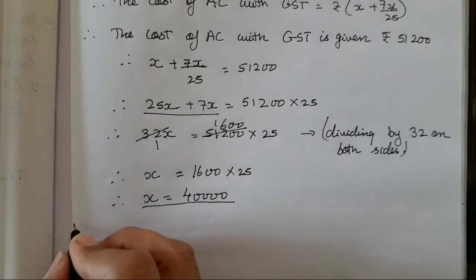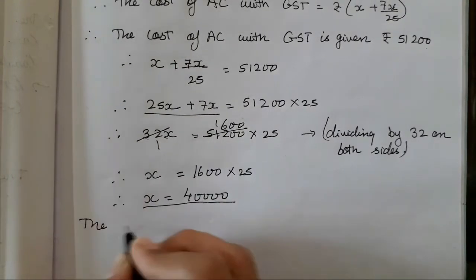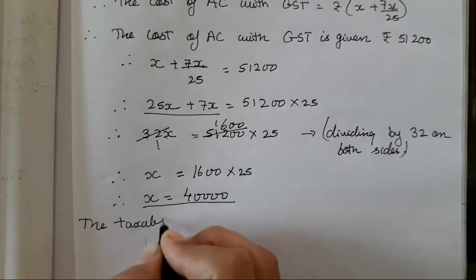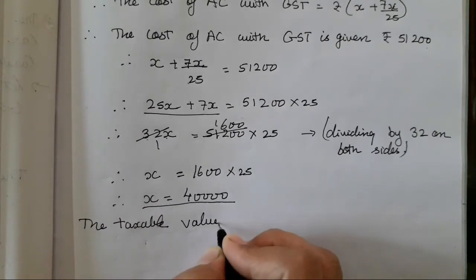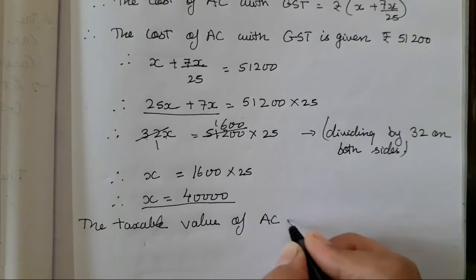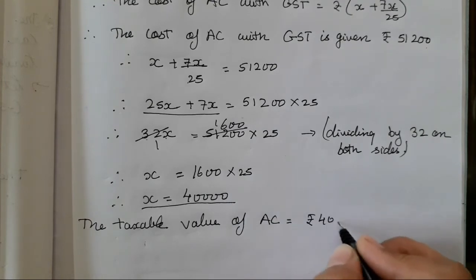Now let's find the second one, that is the taxable value. The taxable value of AC is equal to rupees 40,000.